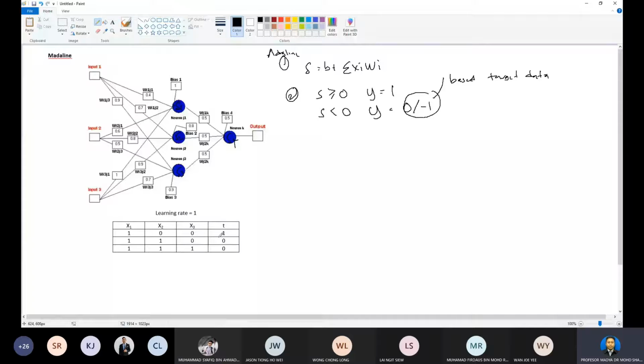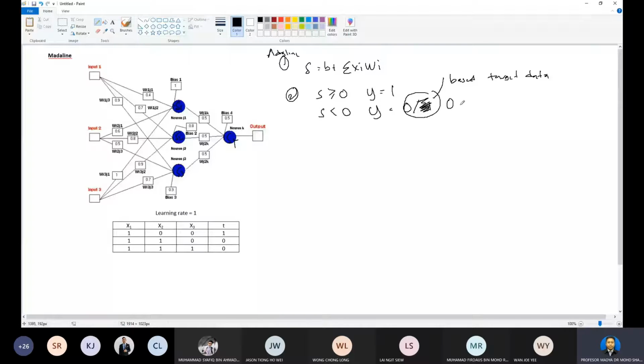That means you have to select 0, no need to select negative 1, because of the target pattern here. So if S is less than 0, y equals 0. That's it. As I mentioned in the previous class, you can choose either 0 or negative 1.